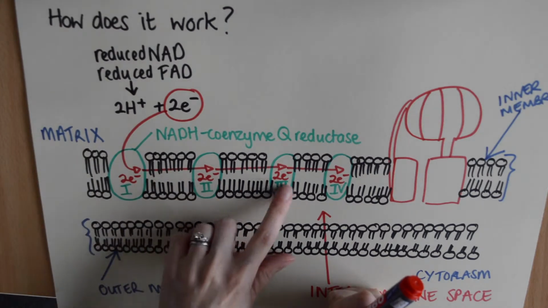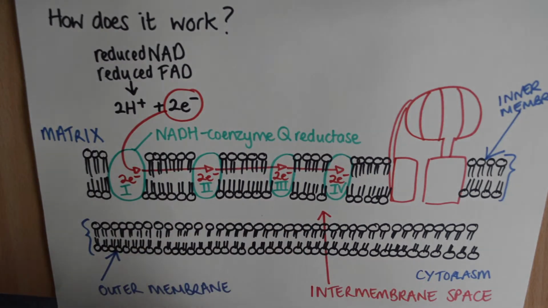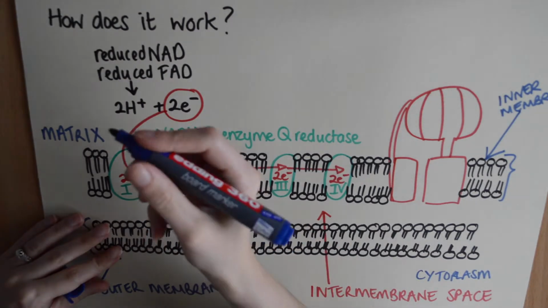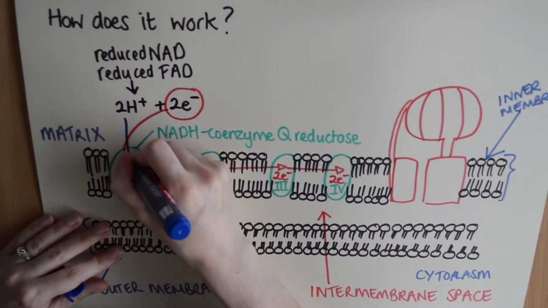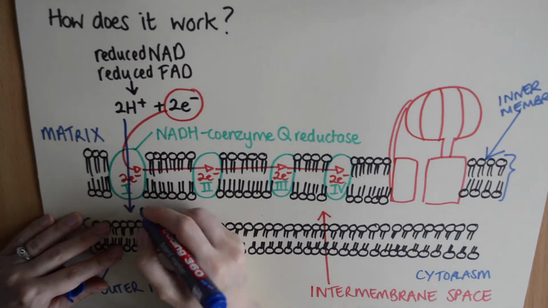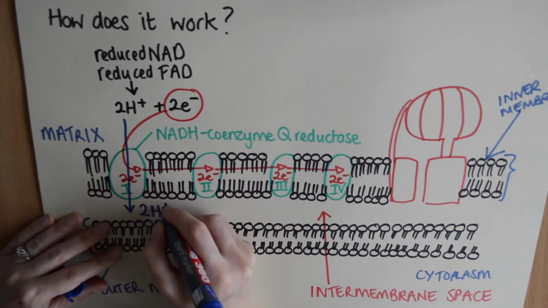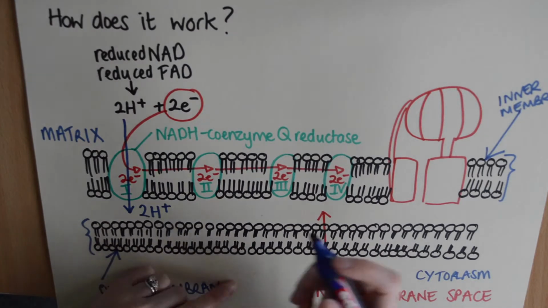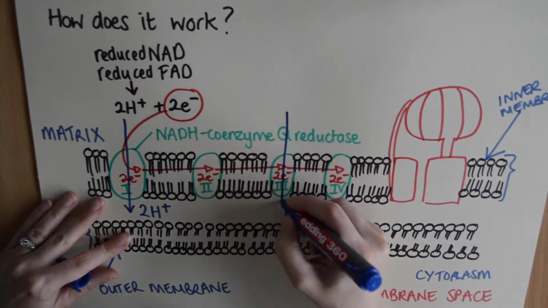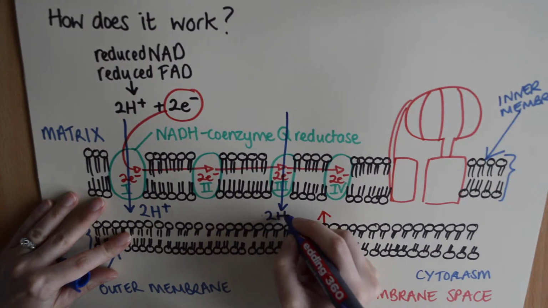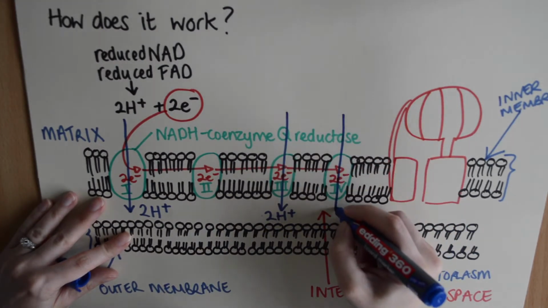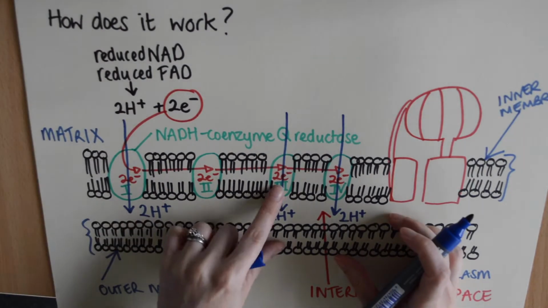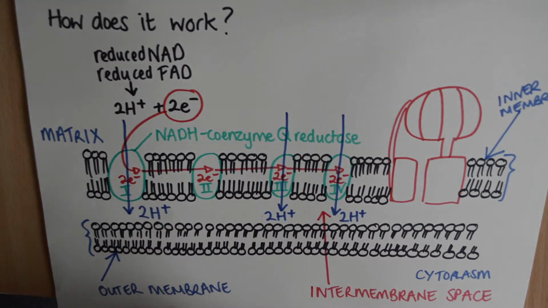Now, as they move through, they release energy. Now, that energy is used to pump hydrogen ions into the intermembrane space. Okay? And that will happen through complex 1, 3, and 4.